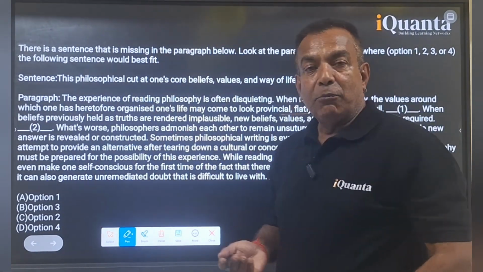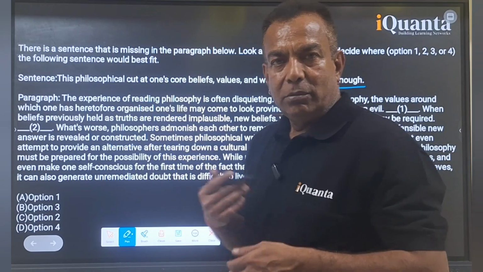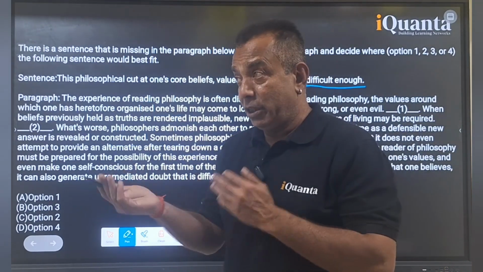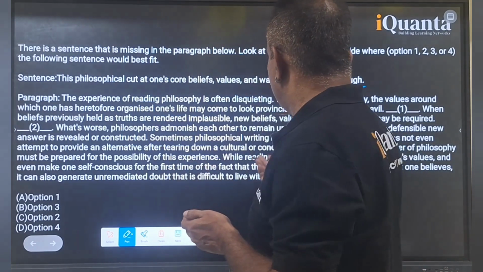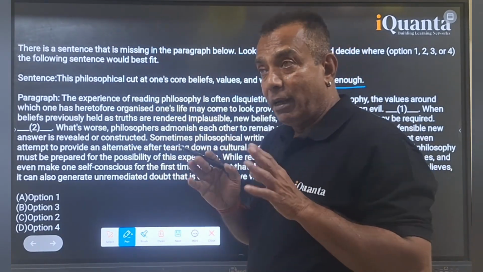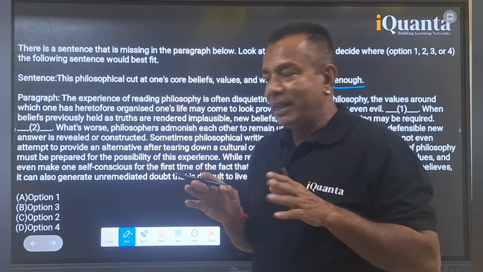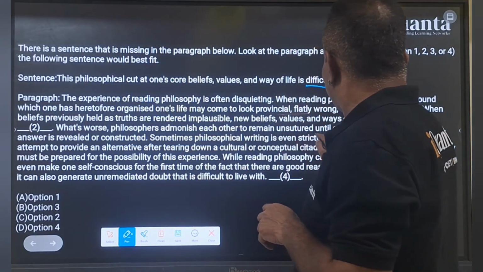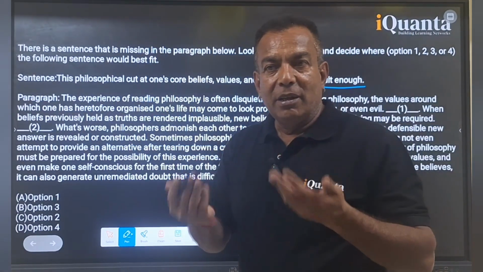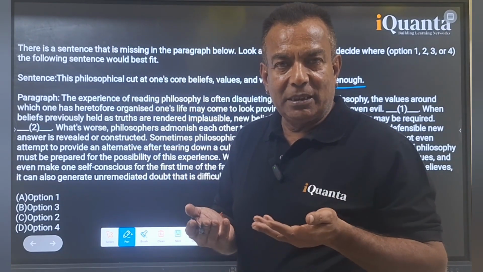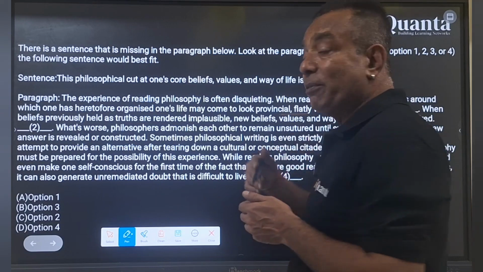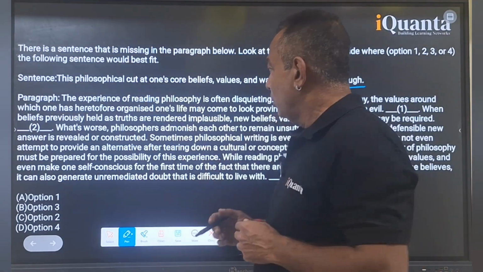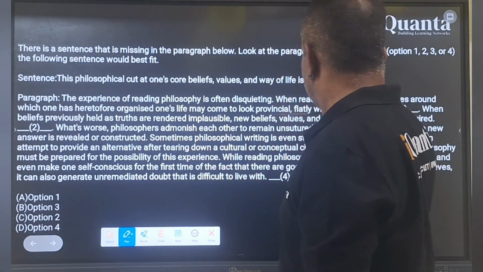So, admonish means to warn. Basically, philosophers warn each other that you have to be unsutured, basically open to things, until you construct a certain basis for this philosophy and some defense, right?